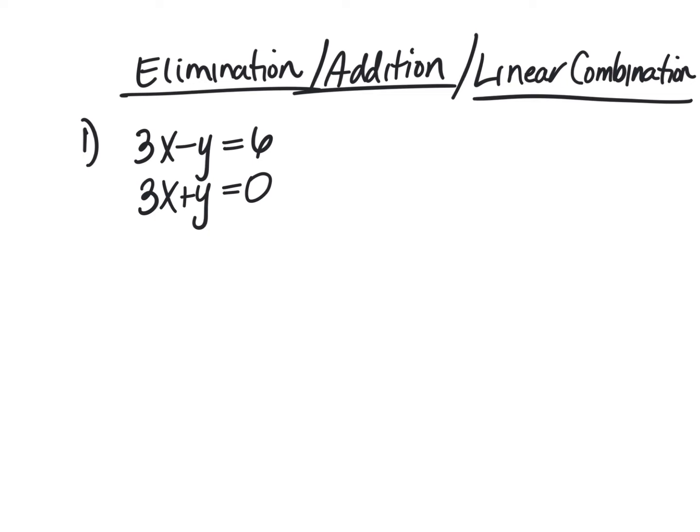So I can first look at the equations and ask, is that going to happen right off the bat without doing anything? In this set of equations, yes. I have negative y and positive y. Those will cancel. So I don't have to do anything but add my 2 equations together.